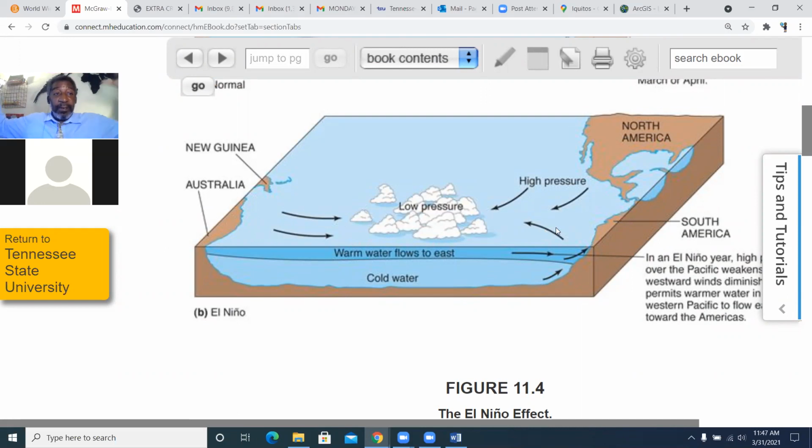It shifts a lot of weather patterns and climate patterns globally, and has caused a number of problems. So you can imagine that a place in the world that is normally very moist, if it goes into a drought period during the El Nino years, you can see how that can result in starvation.